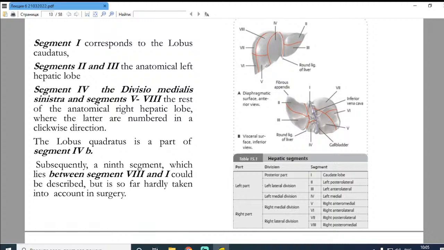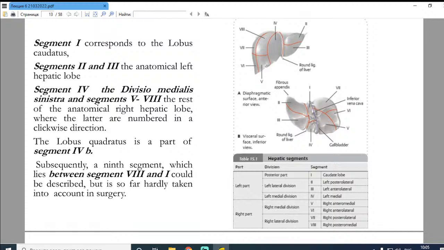Segment 4 is divisio medialis sinistra, and segments 5 to 8 are the rest of the anatomical right hepatic lobe, numbered in the clockwise direction.